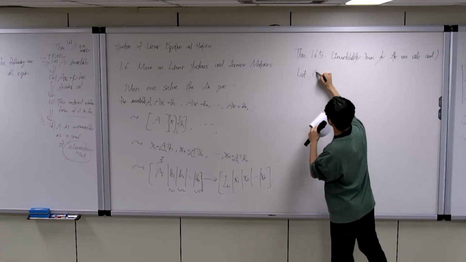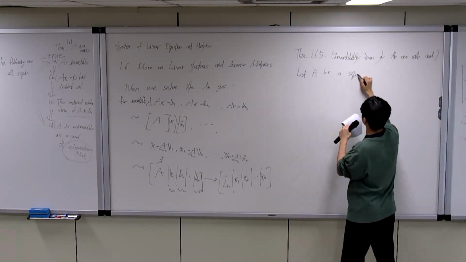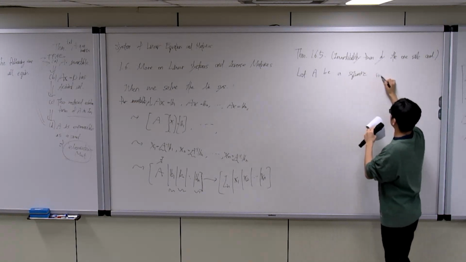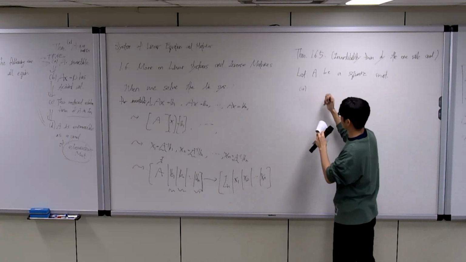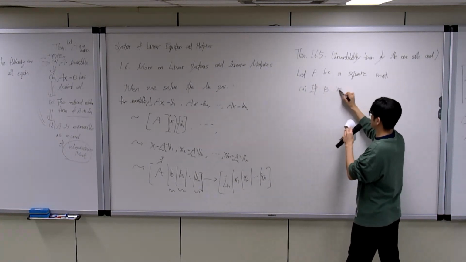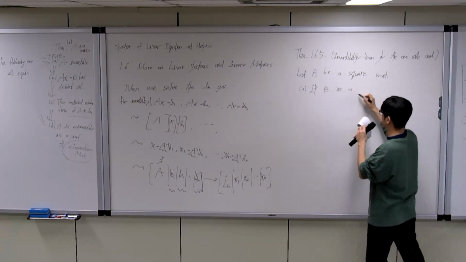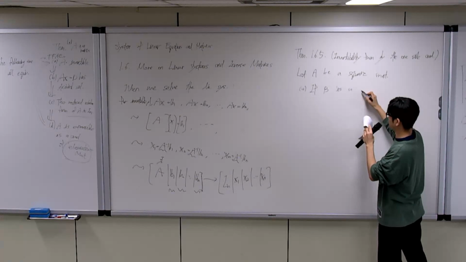So let A be a square matrix. If we just change the left side and right side, I will prove only one side.